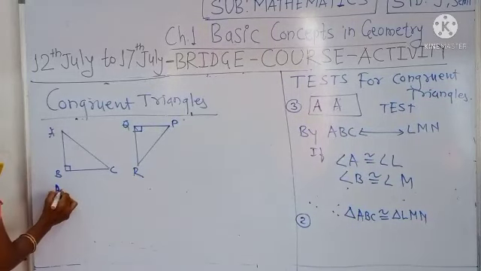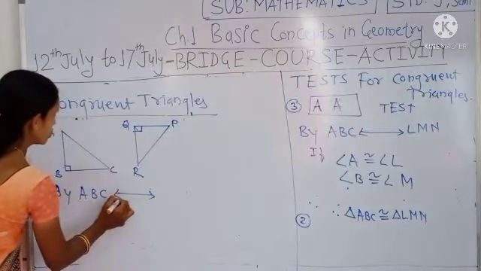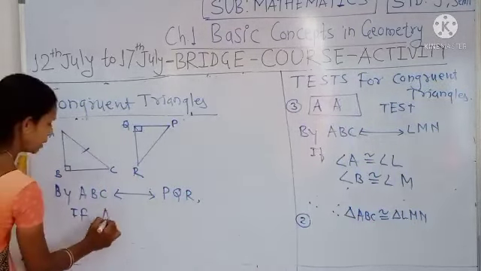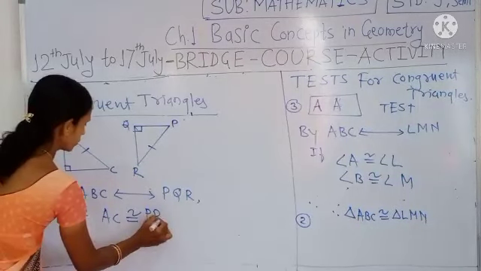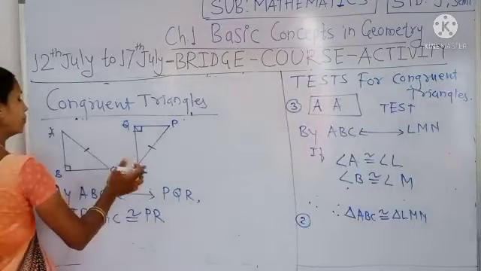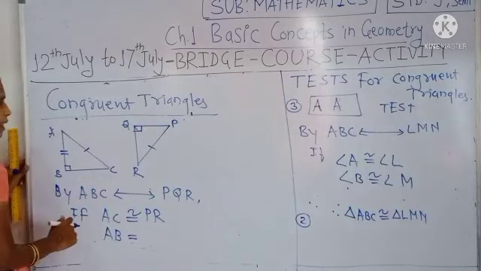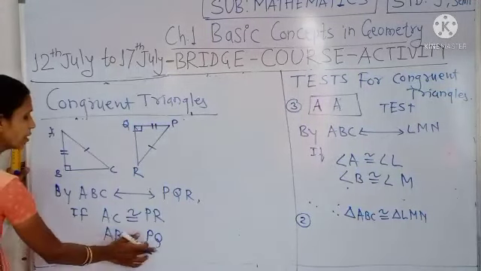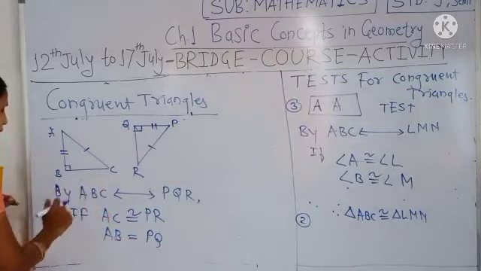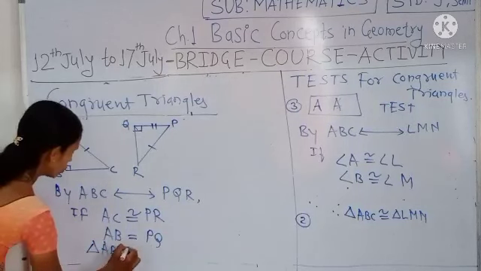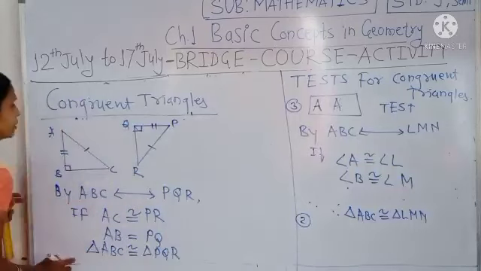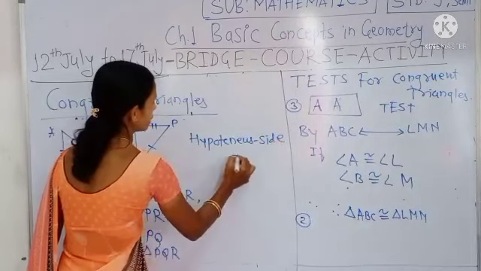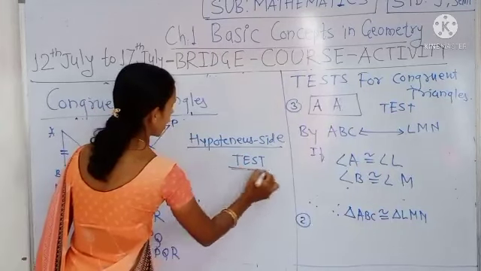Then by ABC corresponds to PQR, if hypotenuse AC is congruent to PR, that means the pair of corresponding hypotenuses are congruent, and side AB is congruent with side PQ of the other triangle. If these two conditions are satisfied, then triangle ABC is congruent to triangle PQR, that is the hypotenuse side test for congruent triangles.